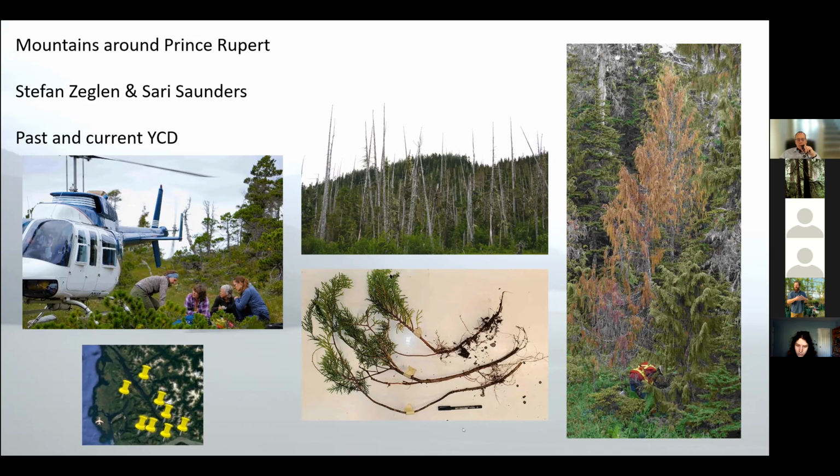We found a few sites, like for example at a distance, this one here that we think is yellow cedar decline, but it's pretty high up on the mountain slope. And in another place, Hartley Bay out here, we could really walk up to them and see extensive yellow cedar decline, both small and big trees and long dead trees, as well as more recently damaged trees. So we found very few trees.